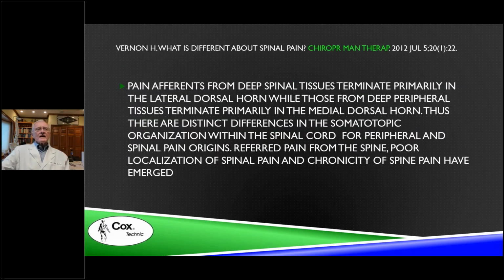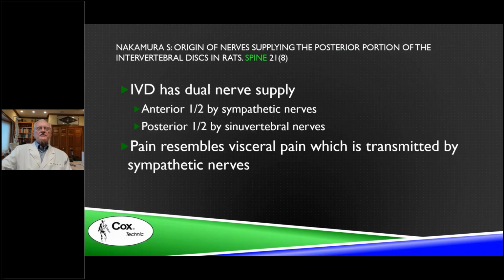Here was Vernon. What's different about spinal pain? Well, pain afferents from the dorsal horn and the deep, and basically the disc and the paravertebral muscles of the spine together both produce afferent nociception, which carries to the dorsal root ganglion and then to the posterolateral gray matter of the substantia gelatinosa.